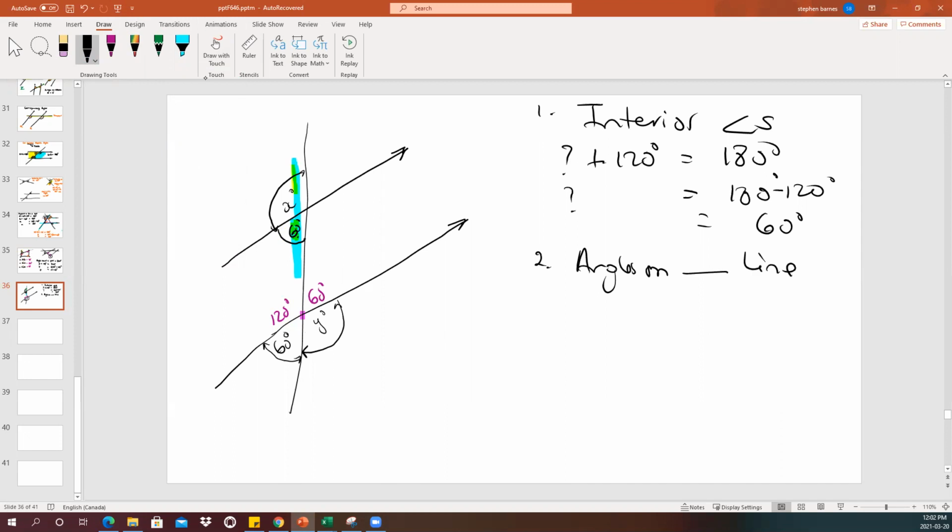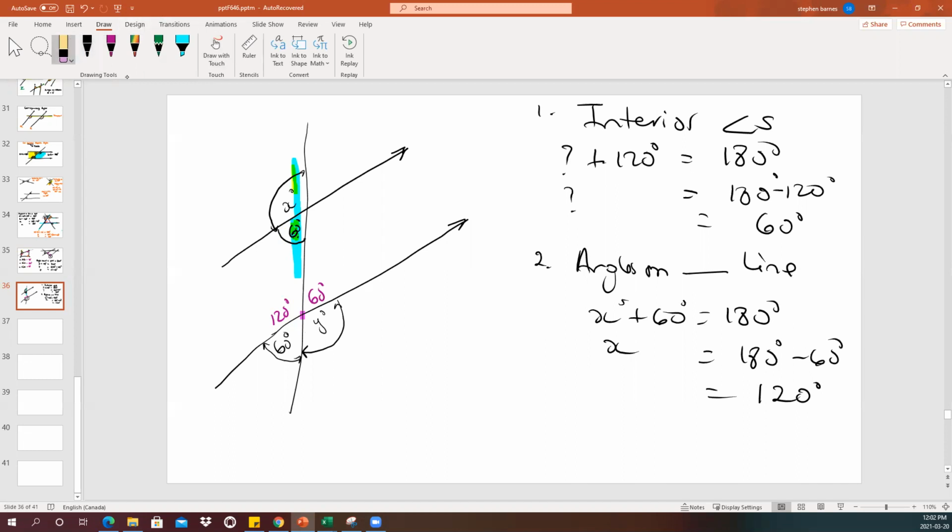We know that your 60 degree angle and your X angle are on a straight line. So X plus your 60 degree angle is equal to 180. X is equal to 180 minus 60. It's equal to 120 degrees. So that's the first way that we can work it.